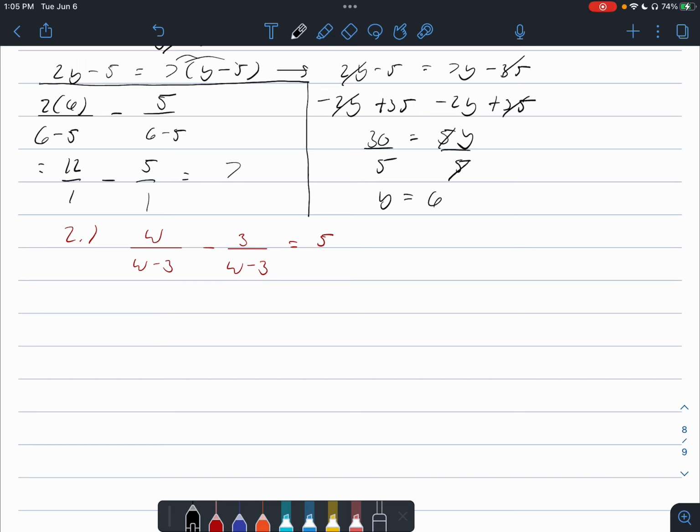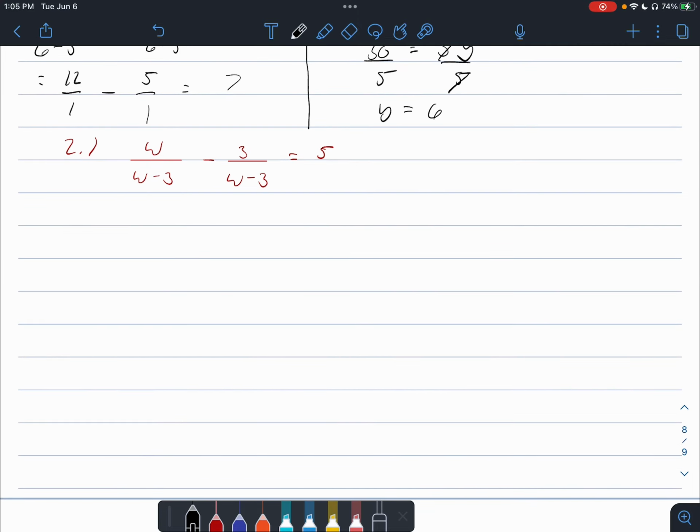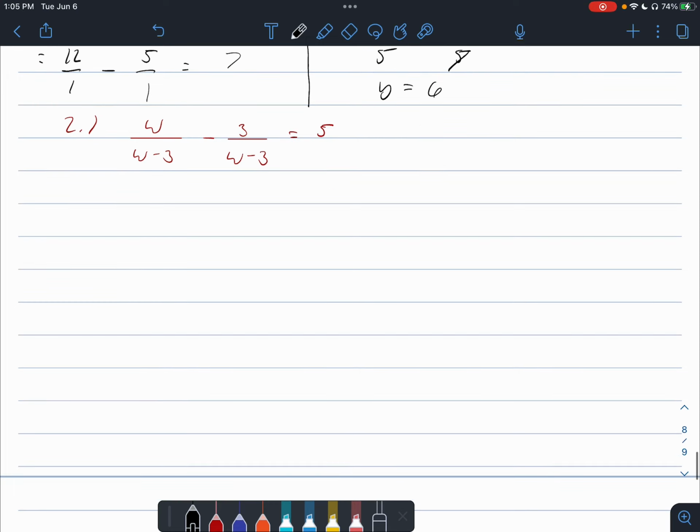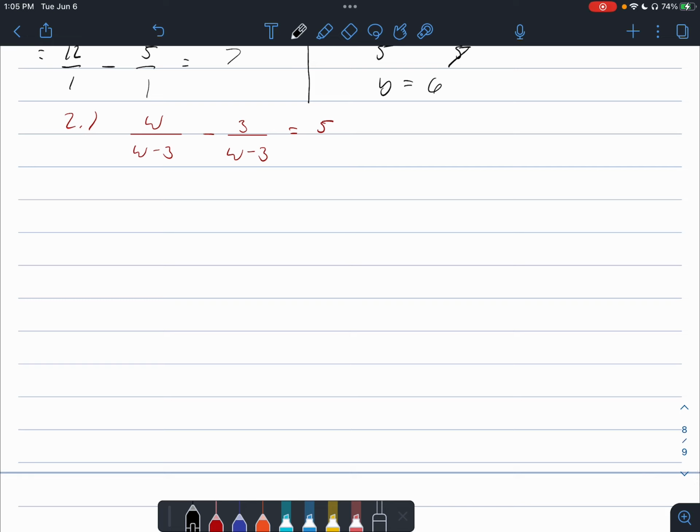So here, what we should do is go ahead and combine this in one fraction. So here we have w minus 3 over w minus 3 is equal to 5.